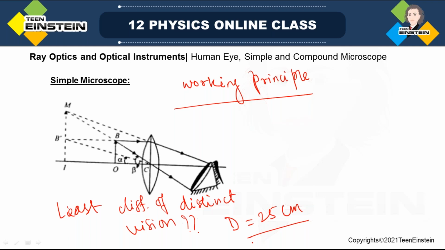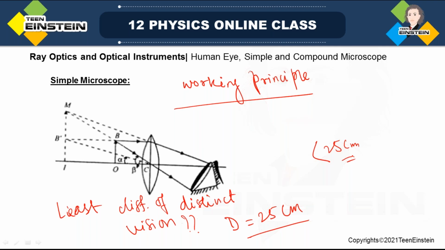If you bring any object below 25 centimeter and try to look, first of all you cannot see things distinctly, that means you cannot separate out the very minor details, and at the same time your eyes will be fatigued, they will be strained. This strain will not be there at 25 centimeter.